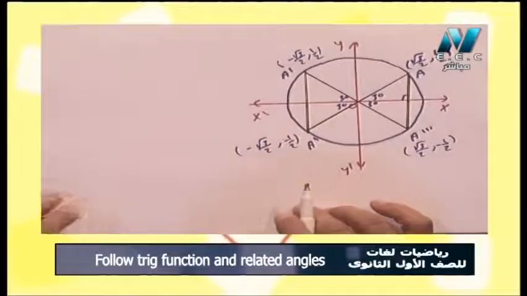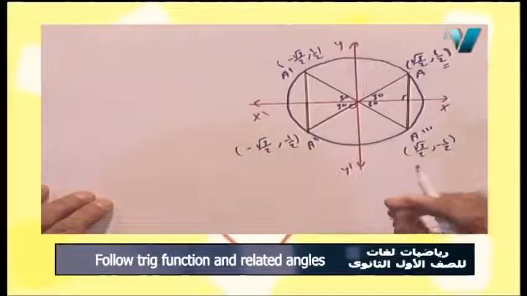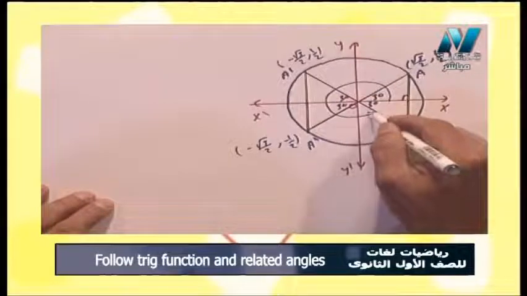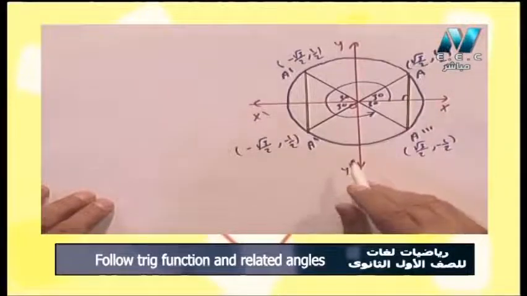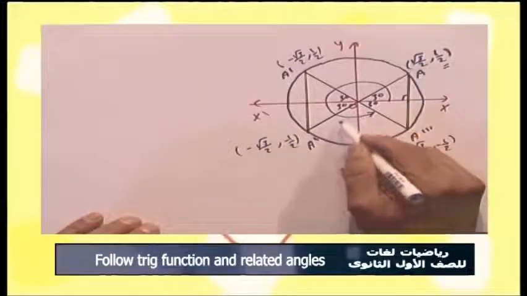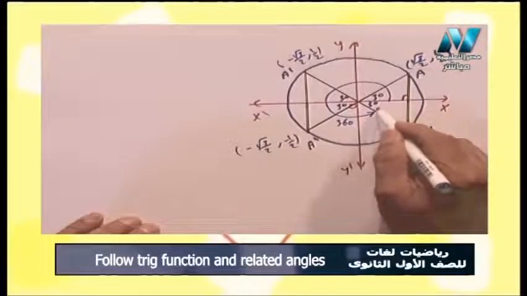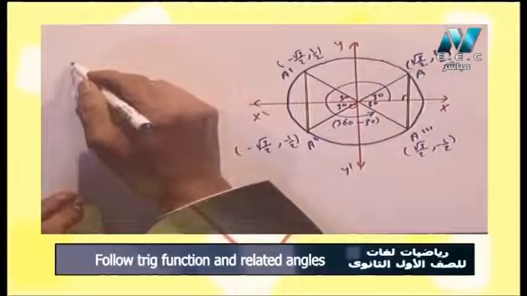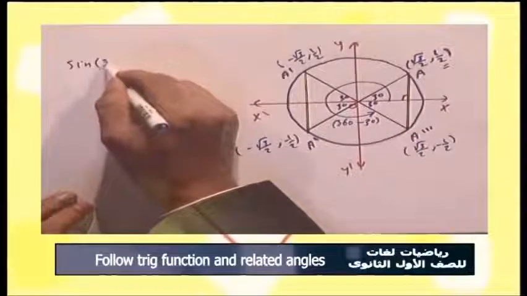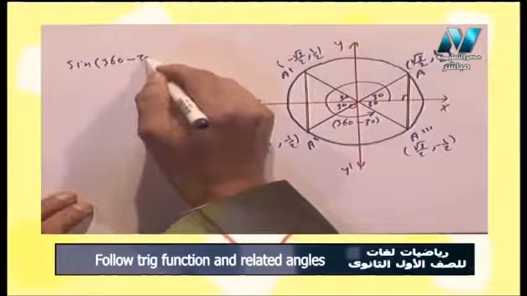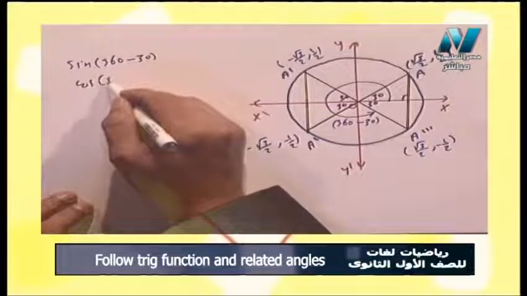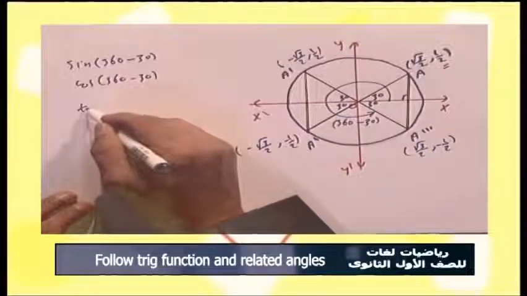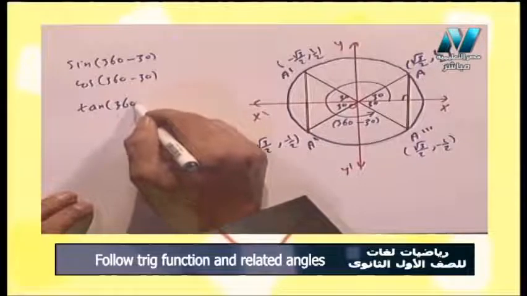Okay? And let's find a new angle, which is this angle here. This angle here equals what? Equals 360 minus 30. So we will try to find sine 360 minus 30, cosine 360 minus 30, and of course tan 360 minus 30.